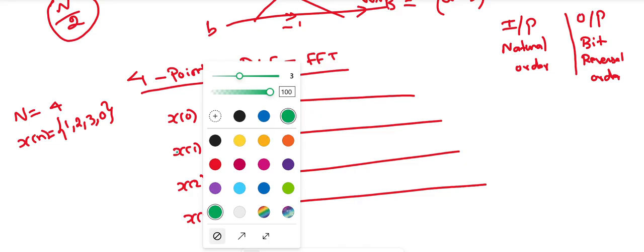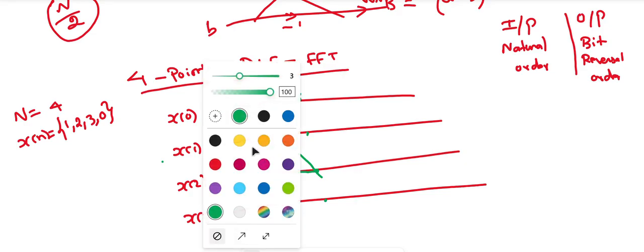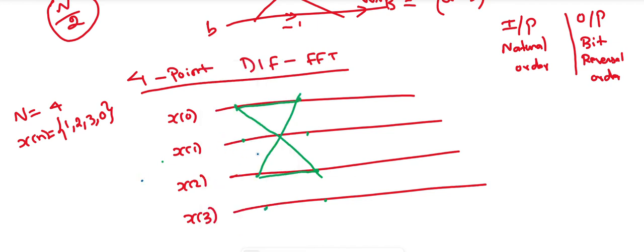So the decimation in frequency FFT structure will be: this is the first butterfly, and the other one, we'll take blue color, is the second butterfly.